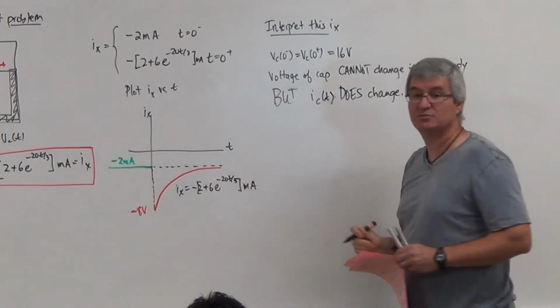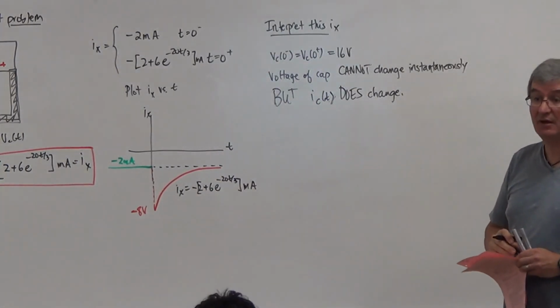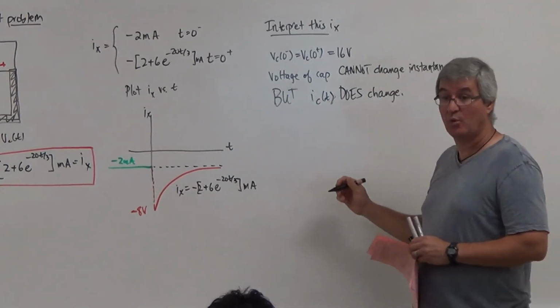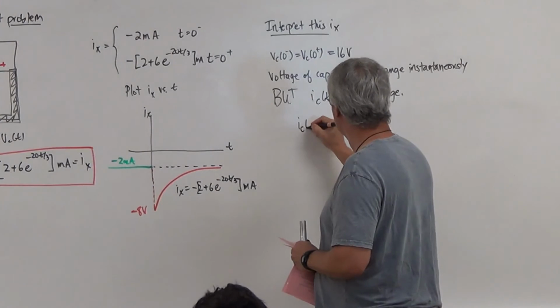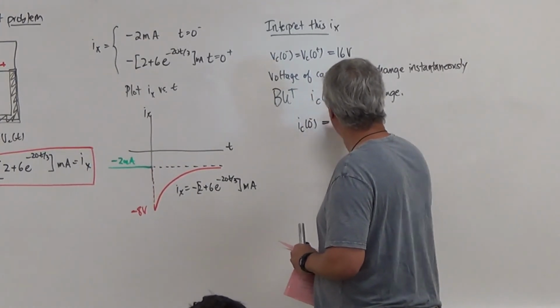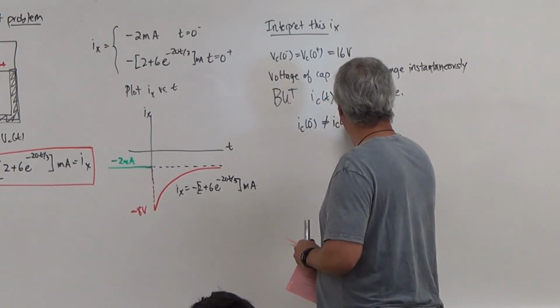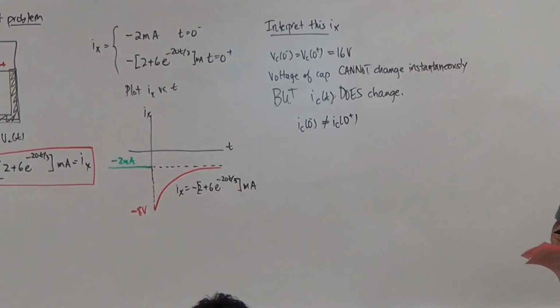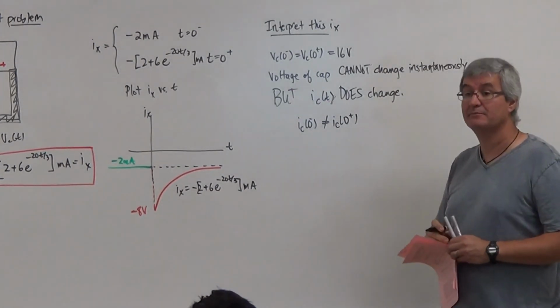It can change, as we saw circuits where it didn't change. But this can change. What I'm saying here is that in general, IC of 0 plus is not the same as IC of 0 minus.